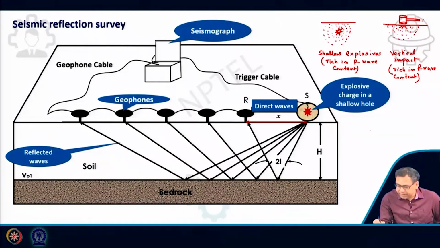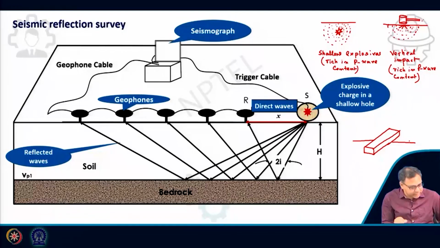But if I make this type of horizontal impact, suppose we have a metal rod or block, okay, and that is kept on the ground surface, and then I make a horizontal impact on that side of the block.